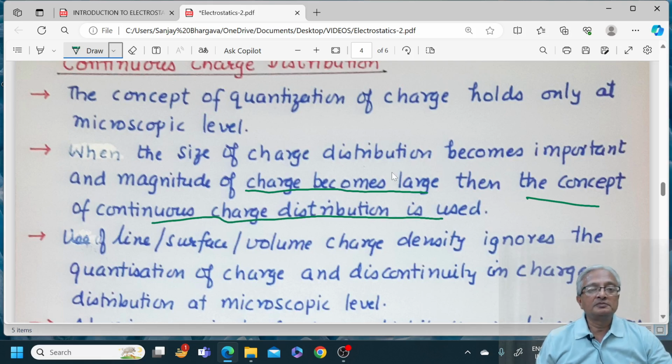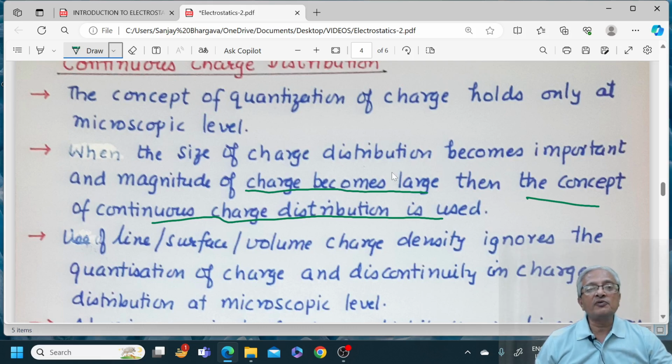So what do we mean? Where are we supposed to use the concept of continuous charge distribution? When the size of the charge has become large, and secondly, the magnitude of the charge also has become large, because the quantization concept was used for independent discrete charges only.